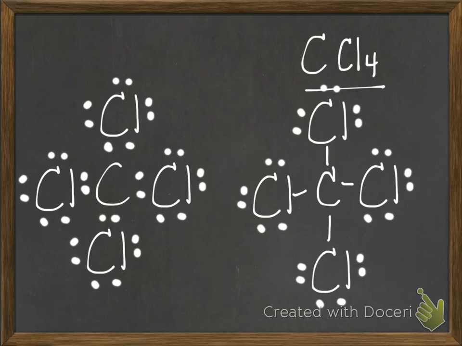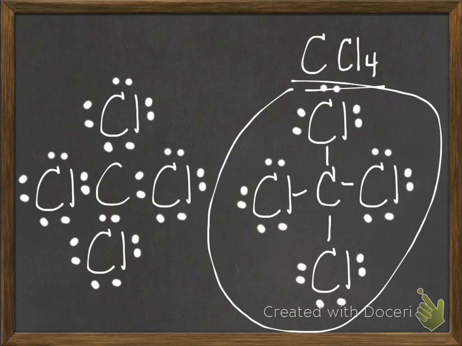Okay, so that's what our final structure for carbon tet should look like. You do have to show all of these, what are those called? Unshared pairs.